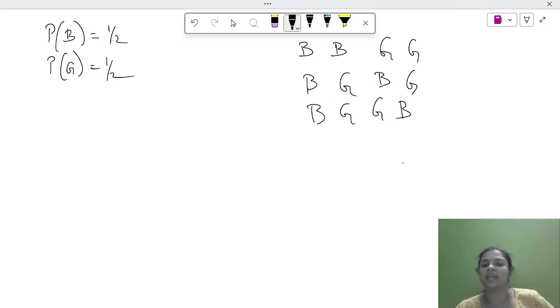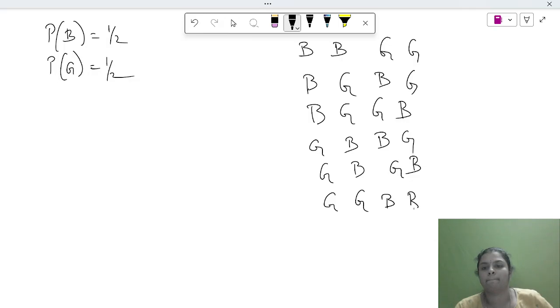Like that we can have any combination that is possible. So totally 1, 2, 3, 4, 5, 6. I have totally 6 possible outcomes where there will be 2 boys and 2 girls.